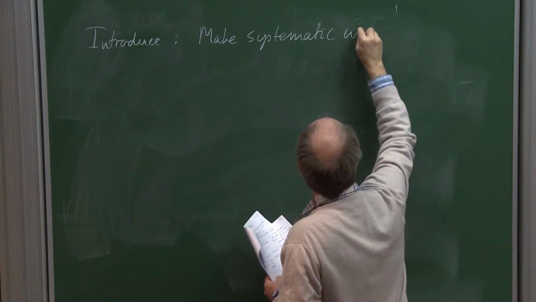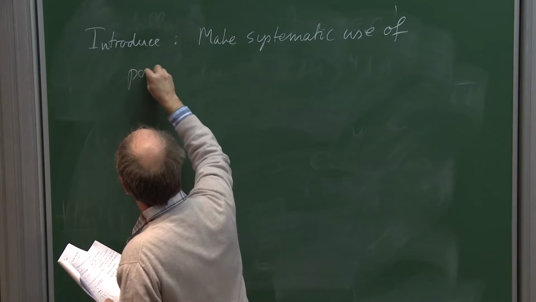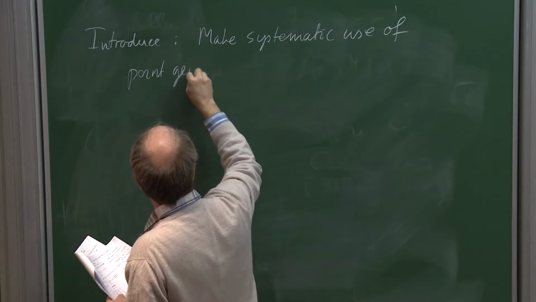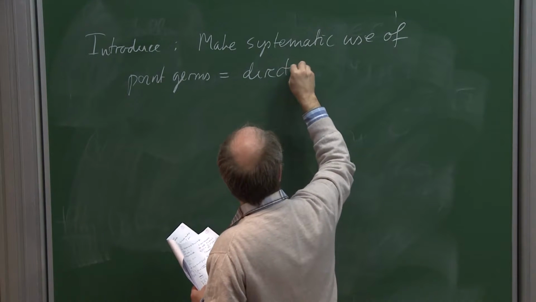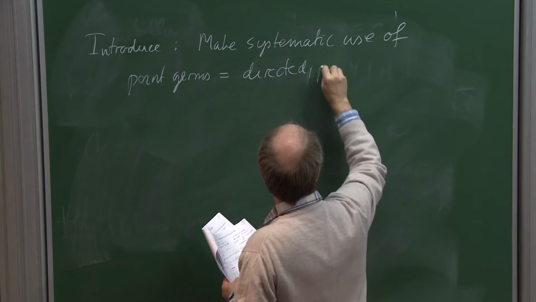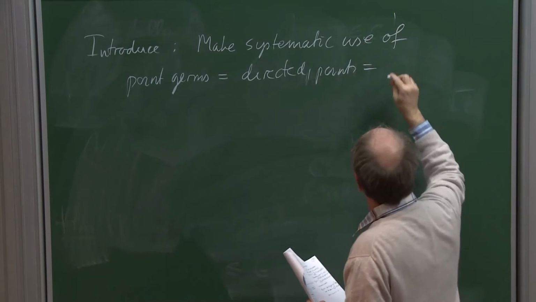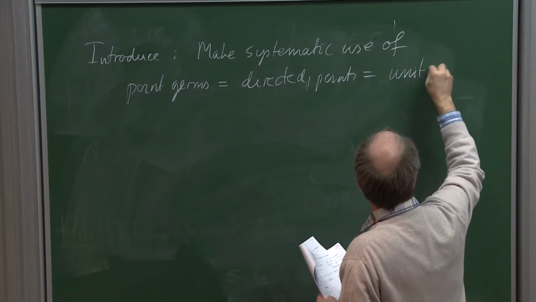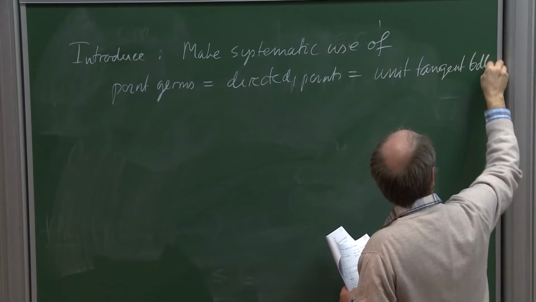Systematic use of, well, you can call them point germs. You may also call them directed points. And in geometry, you might also say that we're looking at the unit tangent bundle. There are different ways of looking at this.